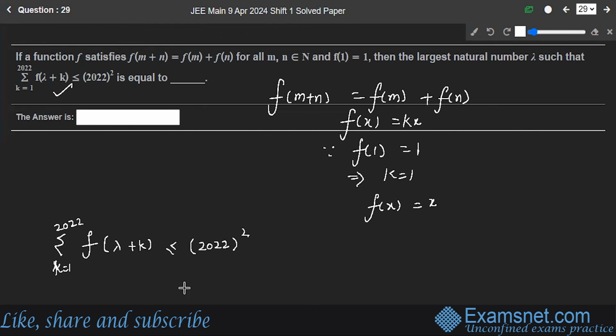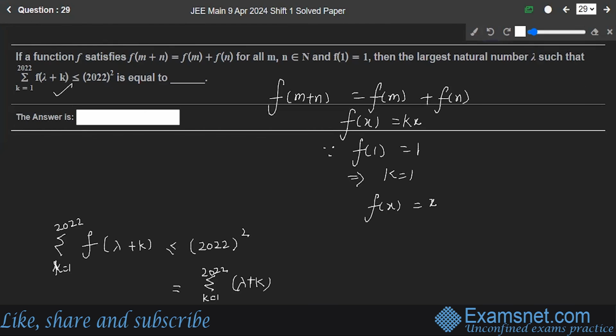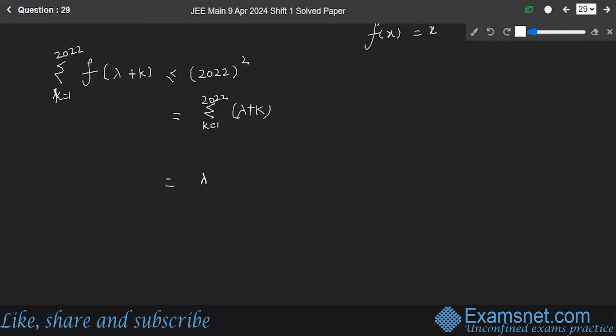So this will be written as summation k is equal to 1 to 2022 of lambda plus k, right? And this further is equal to, I'm removing the summation now, lambda plus lambda plus lambda, 2022 times.